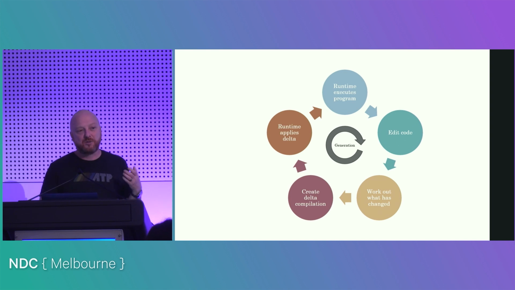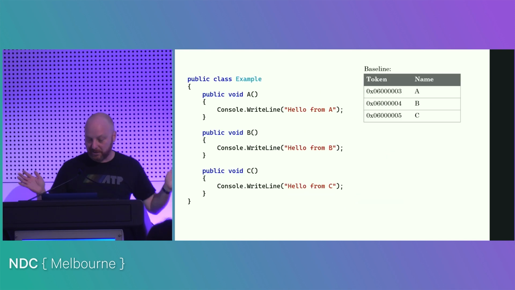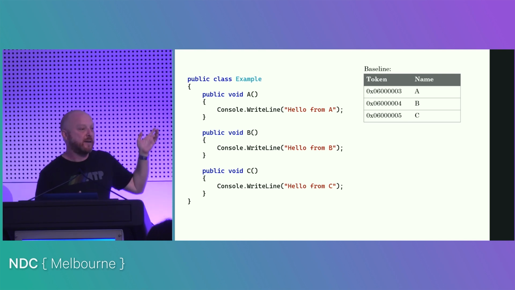And the other thing that's key here is we have to talk in terms of .NET, not in terms of C# or VB.NET. So let's do a worked example. Here is some code, 3 methods, pretty boring. Here is our baseline method def table.